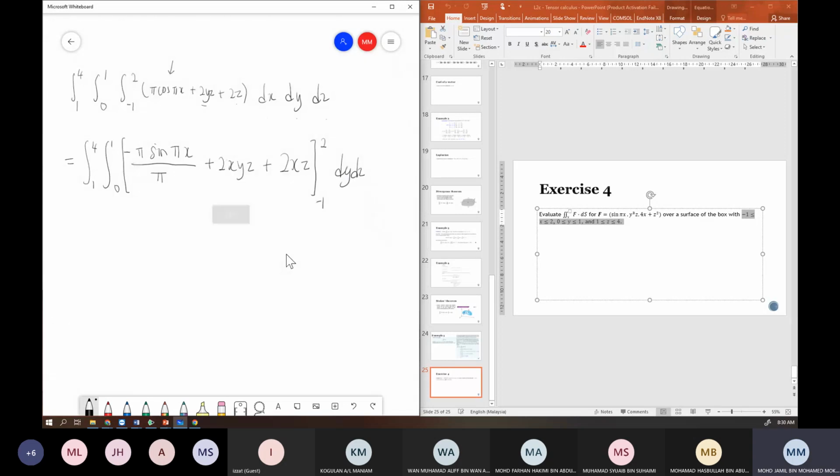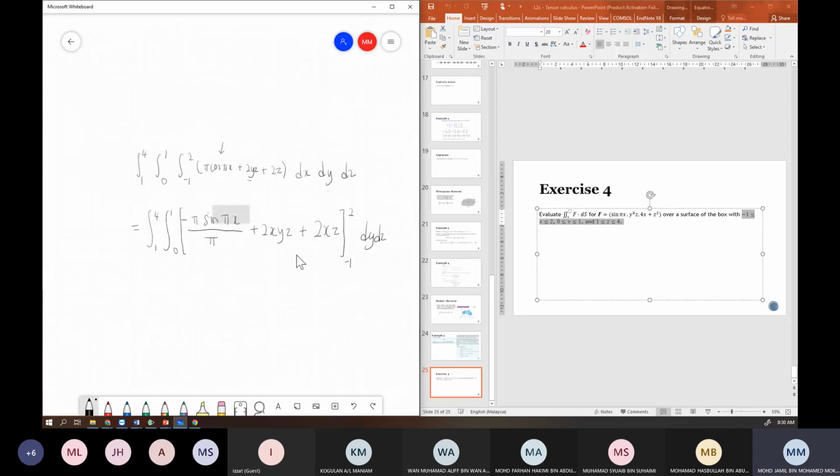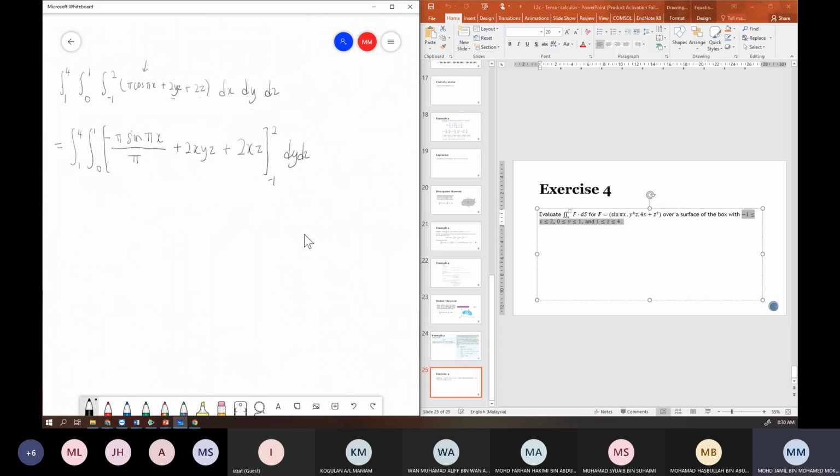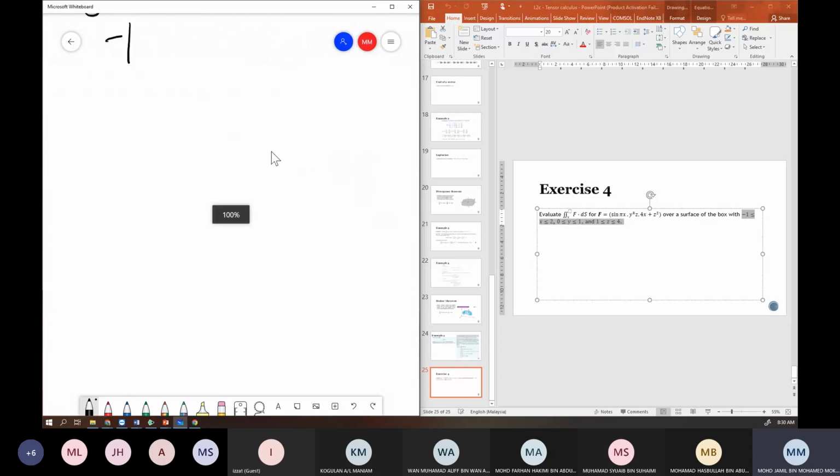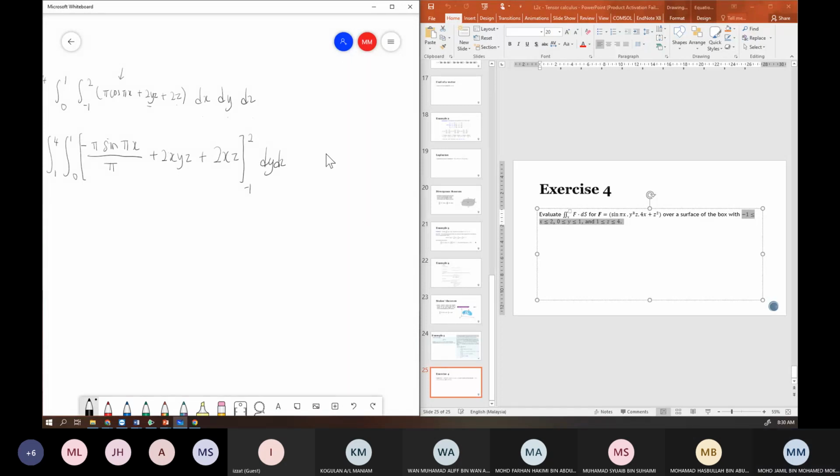You can evaluate it at the side, so it doesn't get messy. When x equals 2, we get sine 2 pi plus 4yz plus 4z.